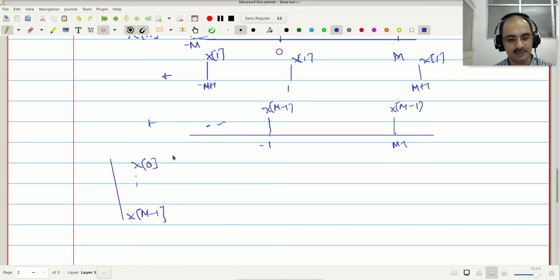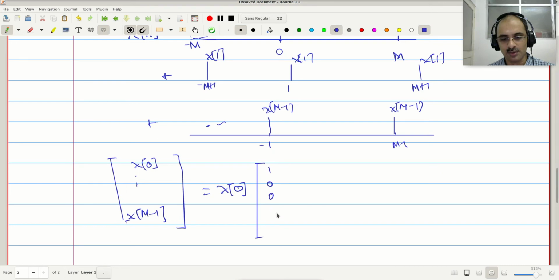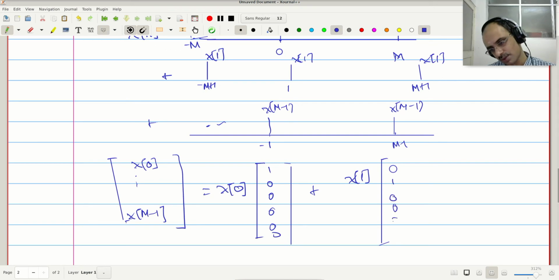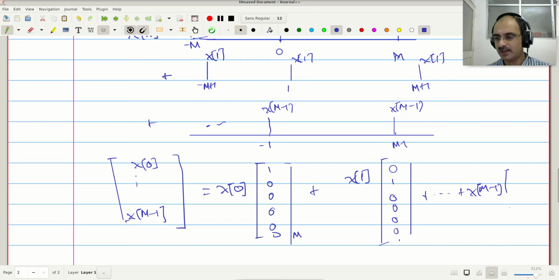So this is equal to x0, I'm sorry about that, multiplied by 1, 0, 0, 0, 0, 0, plus x1 multiplied by 0, 1, 0, 0, 0, 0, up to, this is basically an m length vector, plus dot dot dot, plus x m minus 1 multiplied by 0, 0, 0, 0 up to 1, dot dot dot, 1 in the last.